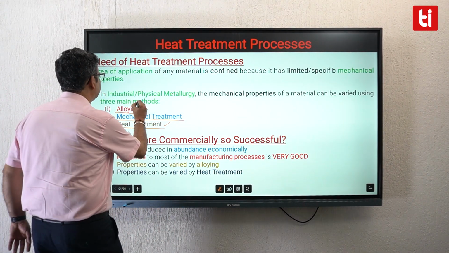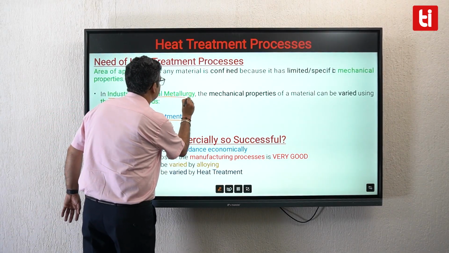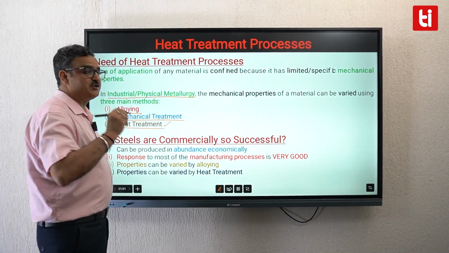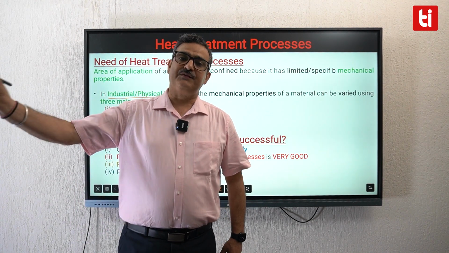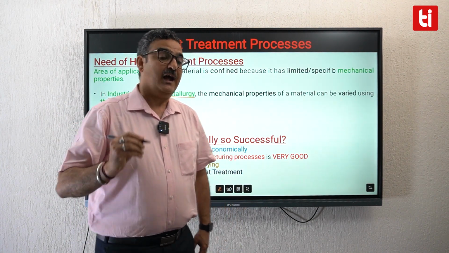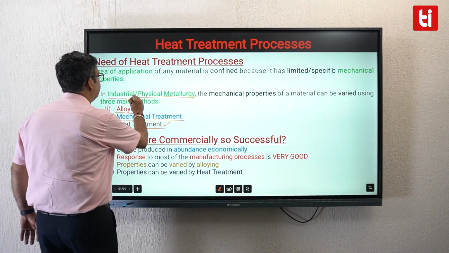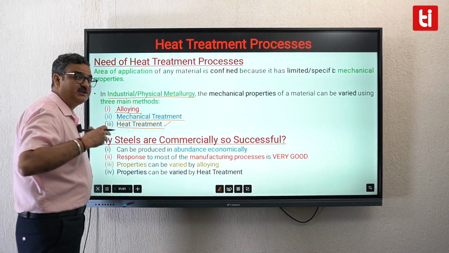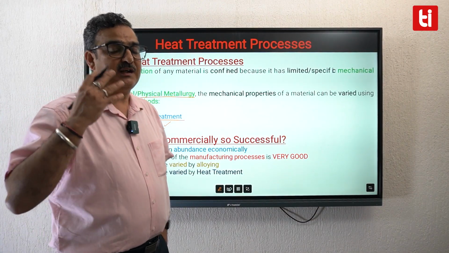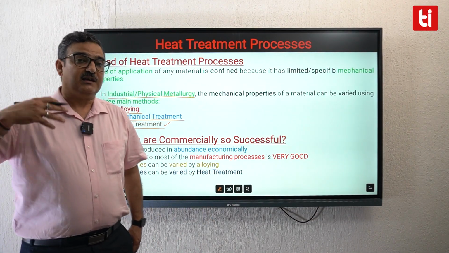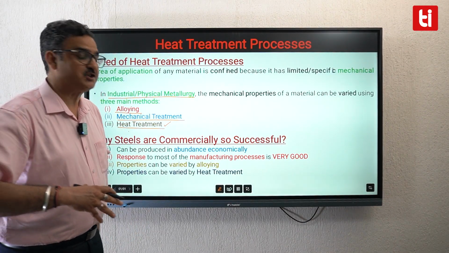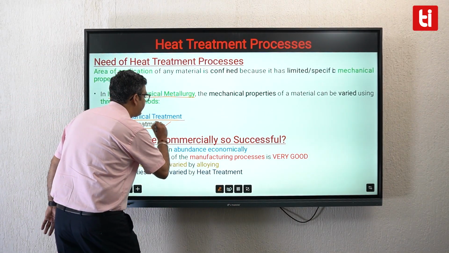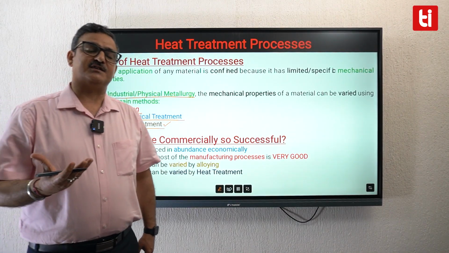I said that in physical metallurgy or industrial metallurgy, the prime objective is to change the mechanical properties of a material system according to a specific application which you have in mind. And there are three ways: one is by alloying, second is by giving some mechanical treatment, and third, which is our topic of discussion, is by giving a suitable heat treatment to your material system.